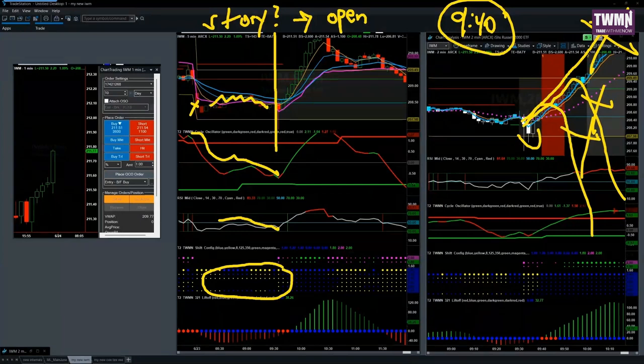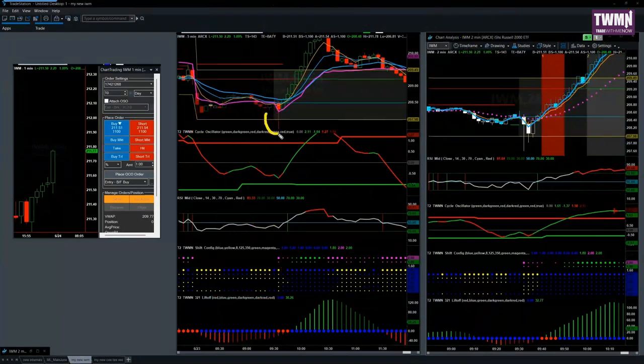So, what do you see at the open? Yeah, I see a big reversal candle. Now, if you look at the 2-minute chart, guys, just follow me with this.